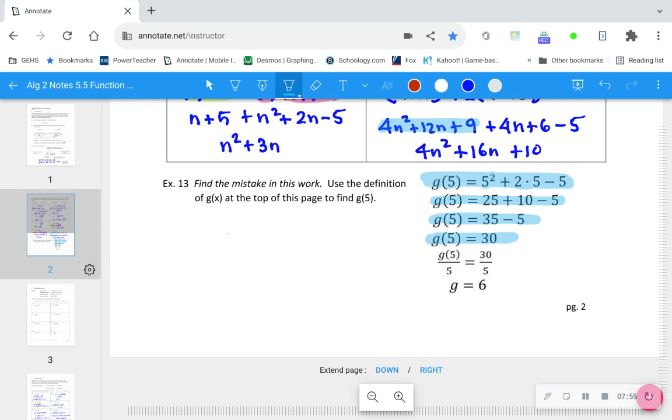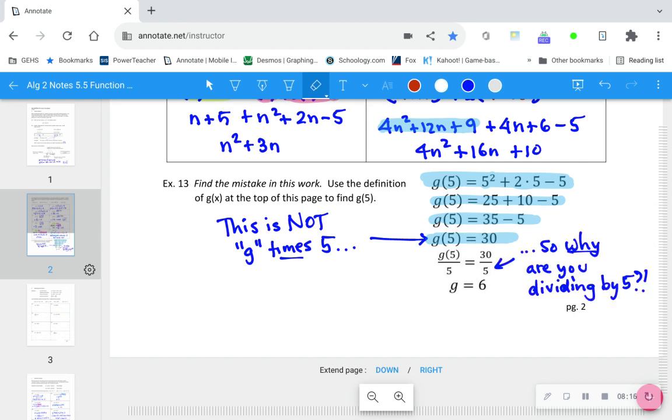On the left-hand side where it says g of 5, you don't want to think of that as g times 5. If you do, you'll be tempted to do this mistake here, dividing both sides by 5. And when you do that, you've wrecked a beautiful answer, and you get nonsense at the bottom. The name equals 6.